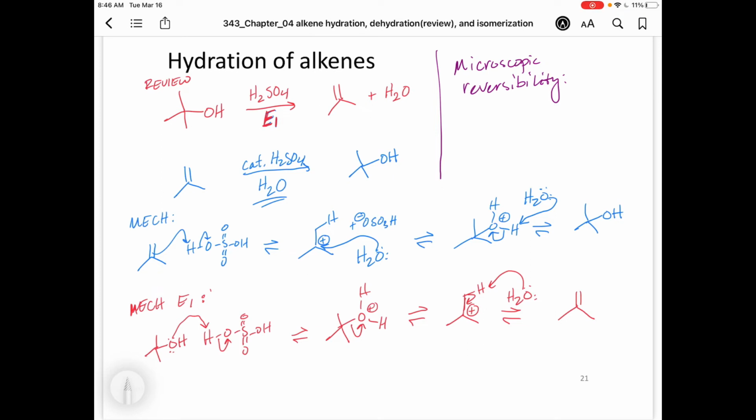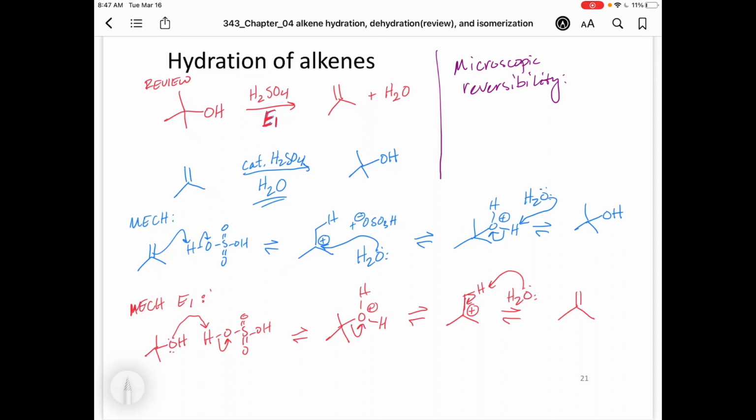And in the first step here, I have an alkene, and in the last step, I have an alkene. Now, the arrows are all opposite. This is why it's exactly the opposite. These reactions are considered to be microscopically reversible because each of the intermediates that we make are the same intermediates in this E1 mechanism.